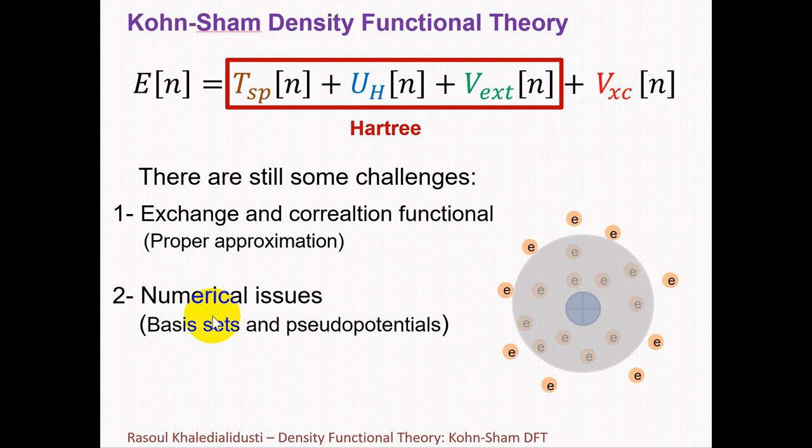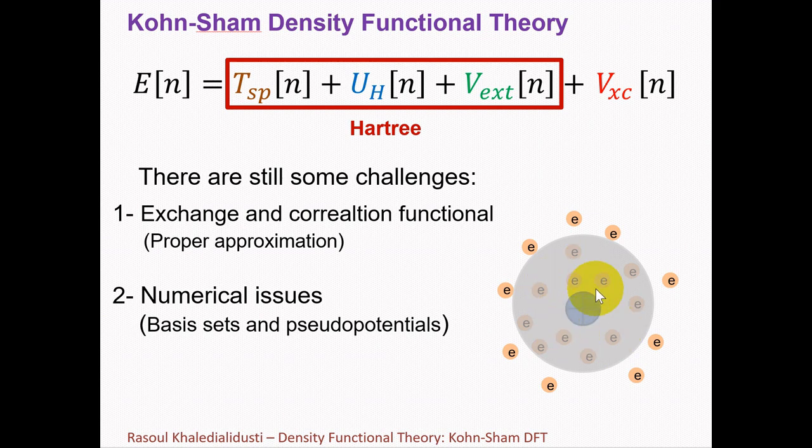And also we use pseudopotentials to replace core electrons. Most of the time when we do DFT calculations, not always, we replace the electrons that are near the core with what's called a pseudopotential, because those low energy electrons are very inert, and we know that they don't participate in bonding.